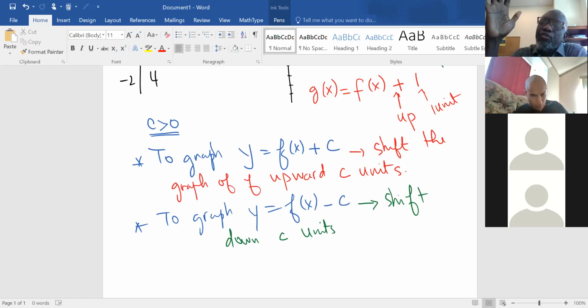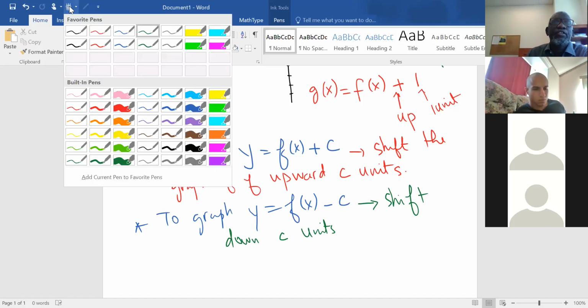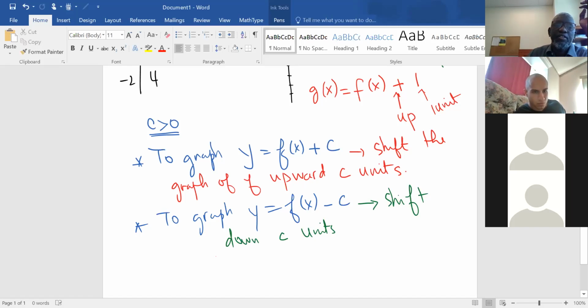Just the range could change, right? The domain does not change. The domain is unchanged because when you move something up and down, the domain does not change at all.